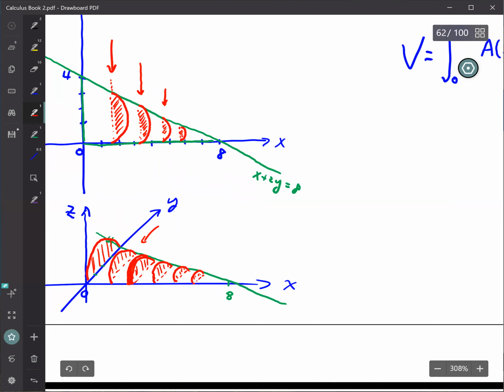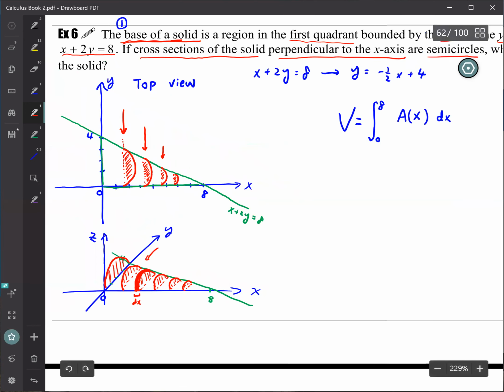Right, every single one has a little thickness, right? So this part is the dx, okay? Looks like a little lemon, right? A slice of lemon. Okay, so to find the area of semicircle, so that's where the Jesse said before, right? Area of a semicircle is what?